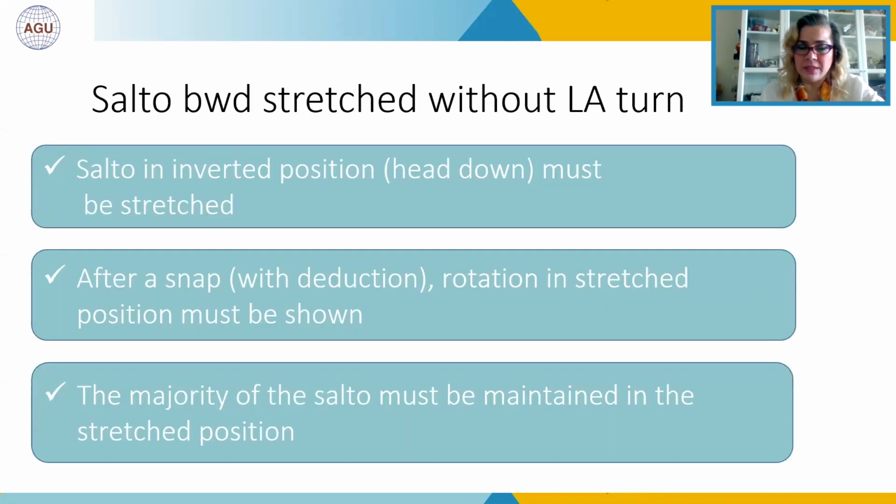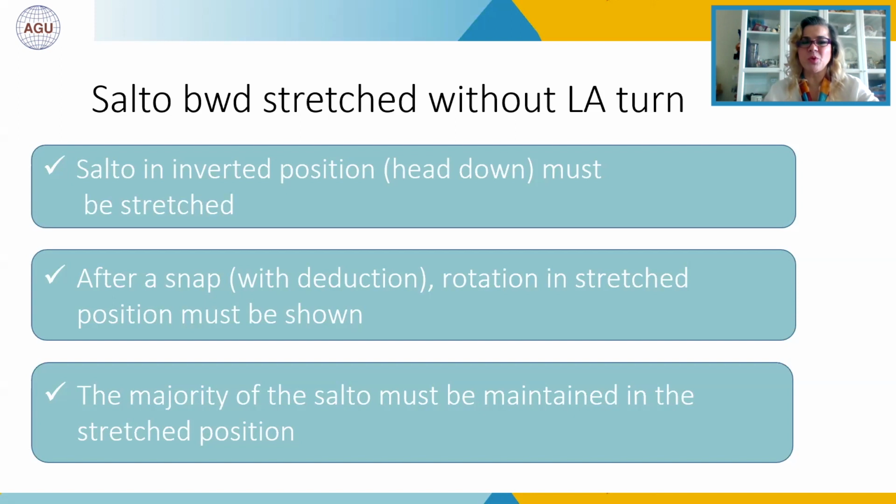Simply, the definition of the stretched salto is that the salto in inverted position, which means head down, must be stretched, as you can see later in the picture. And also after the snap, with deduction of course, and the snap's deduction, you remember, is either 0.1 or 0.3, made by the E jury, but now we talk about the D jury.